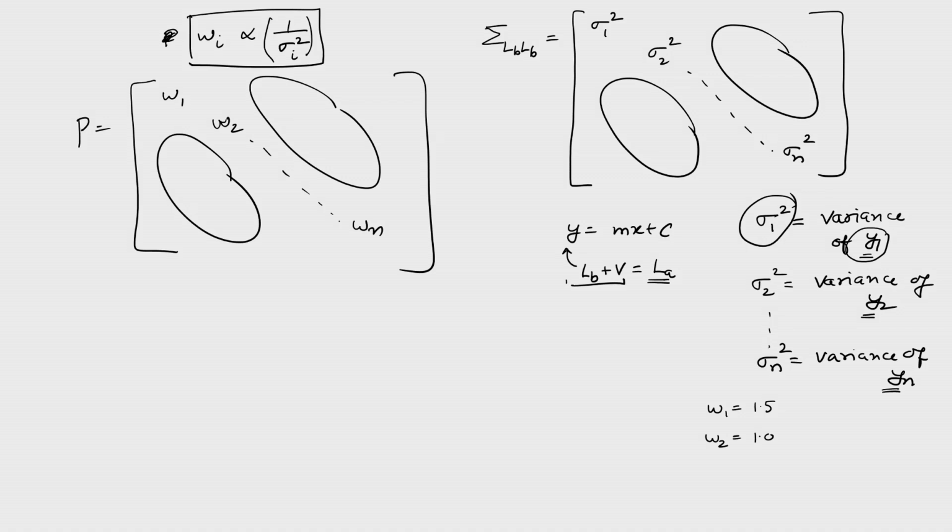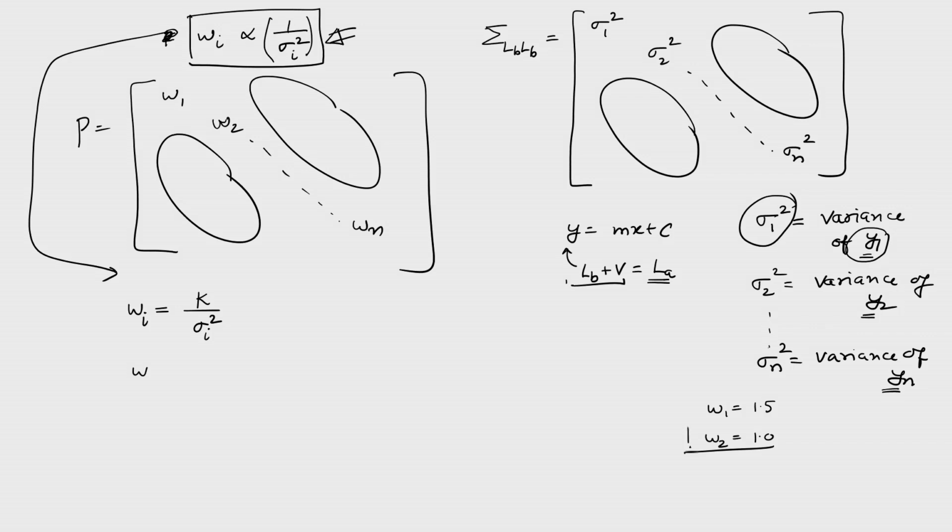I use this information to construct the weight matrix, but I also use the variance information. So how to do it? Let us say weight is given by k upon sigma square, which is nothing but this principle only. Now I write Wi equal to k by sigma square.